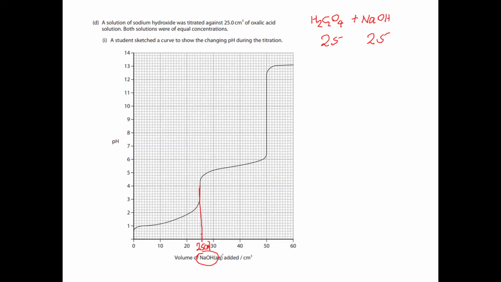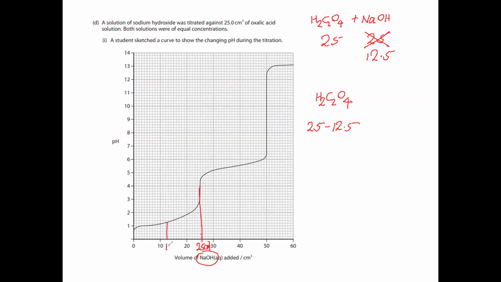But let's assume instead of adding 25, I add half of it, 12.5. The whole H2C2O4 will not get neutralized. Instead, what will happen? They react in a 1:1 ratio. Out of the 25 H2C2O4, only 12.5 will react because we are adding 12.5 sodium hydroxide, half of the full amount. So 12.5 is somewhere here.